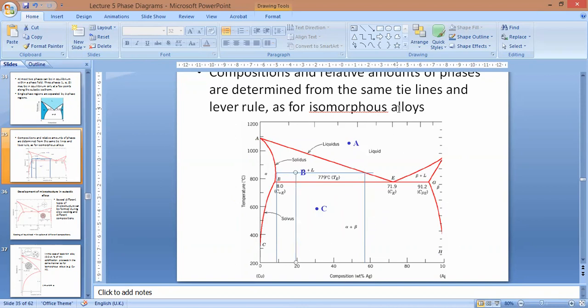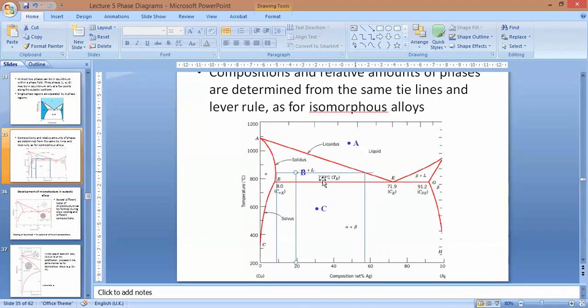This is alpha plus L1. If you want to find the composition of the alpha particles, alpha is this side, so we're going to get this distance divided by the overall distance at the bottom.